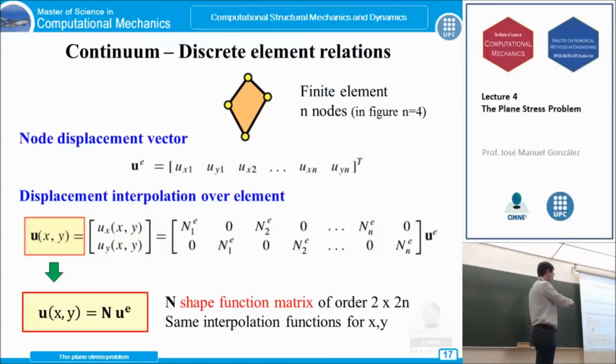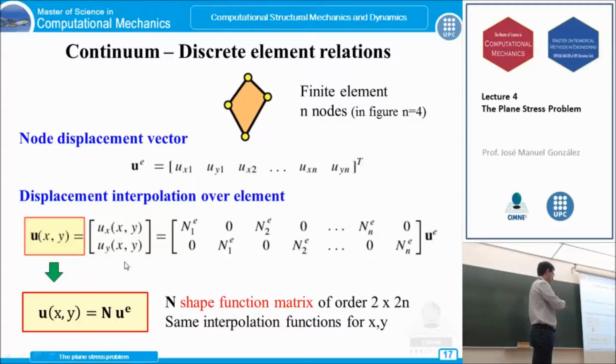This continuum function of displacement here on the right, in this yellow square, can be interpolated using this shape functions matrix times this nodal vector, considering these nodal values of the displacement.